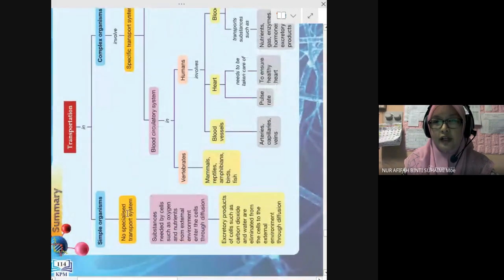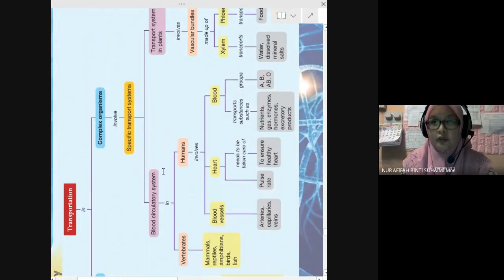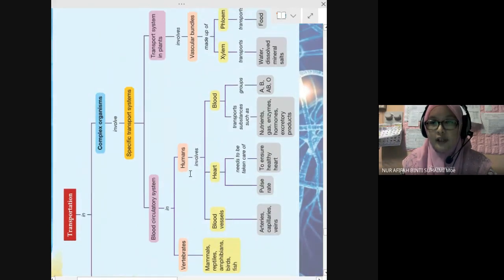Here we have simple organisms and complex organisms. Simple is unicellular, with no specialized transport system; they just use diffusion. Complex organisms consist of two: human and plant. In humans we have a double blood circulatory system. For vertebrates, the structure of the heart is different. Humans have a heart, blood vessels and types of blood.